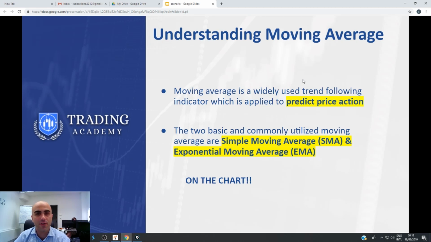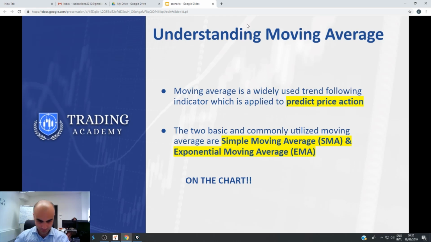They differ because one gives us an arithmetical mean on the closing period that the trader has decided for the specific scenario, while the exponential moving average takes more care of the most recent closing price levels, making it more of a weighted average.